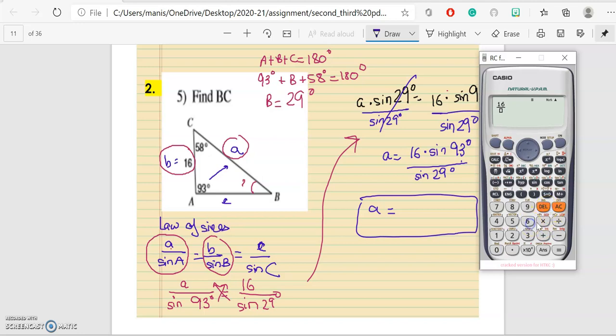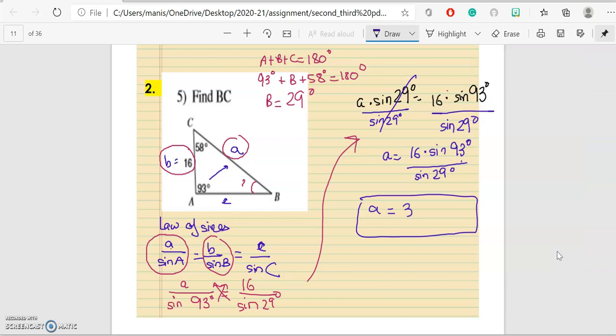This is your 16 times sine of what? 93. Okay. And divided by what? Sine of 29. And let's hit the equal button. My answer is 32.95. What is my answer? 32.95. And this is your answer for this question.